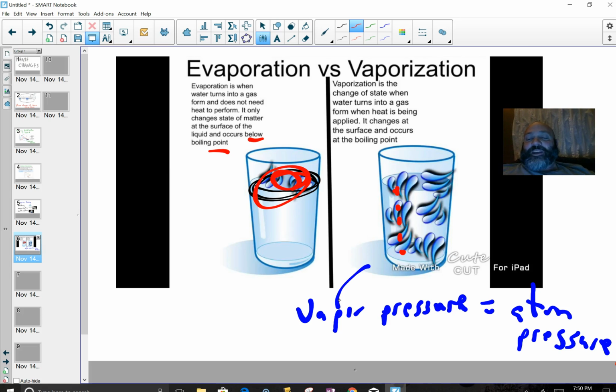But that changes based on elevation, changes on the pressure of the day. But boiling will occur when the pressure inside the bubble is equal to that atmospheric pressure pushing down on the container. That's boiling. Okay, so vaporization is really what we think about as boiling, and it occurs throughout the liquid. Evaporation is occurring just at the surface of the liquid, and is a much, much slower process.